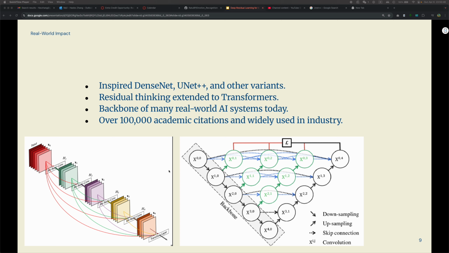And also nowadays we still have DenseNets, UNet++, and other variants of computer vision models inspired by the idea of ResNet.